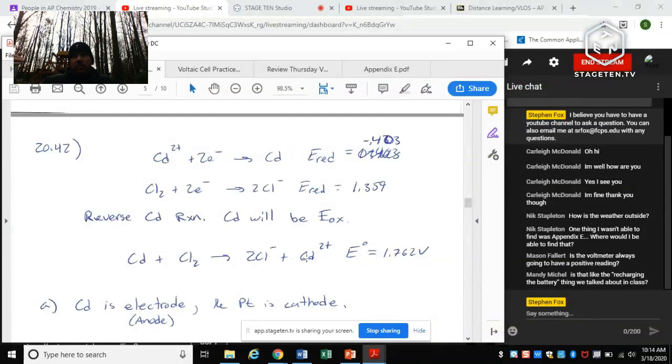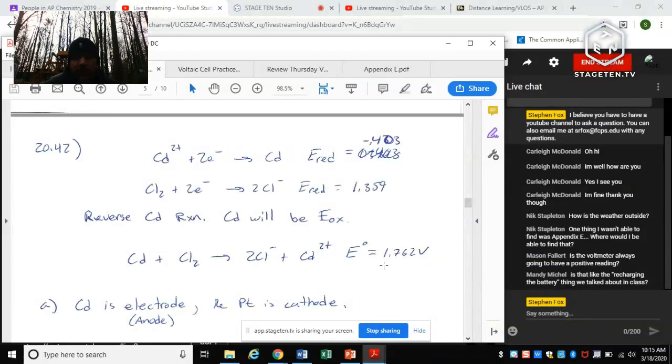As you increase the amount of product and decrease the amount of reactant, you're decreasing the favorability of the forward reaction, and you're increasing the favorability of the reverse reaction. So the voltage goes down, goes down, goes down. As the reaction proceeds, your voltage starts out at its highest possible potential, and it starts to go down until it doesn't run anymore.